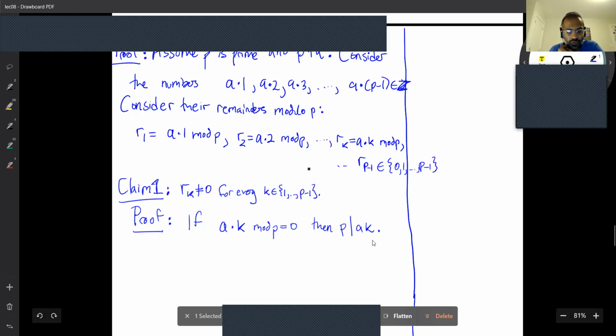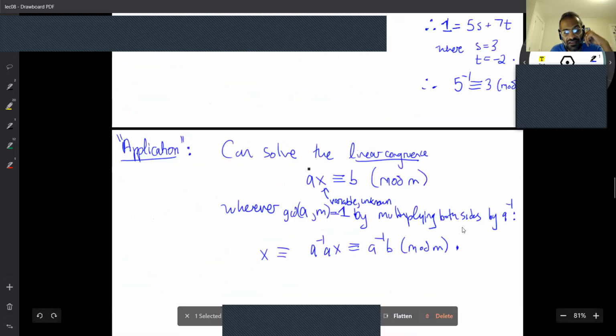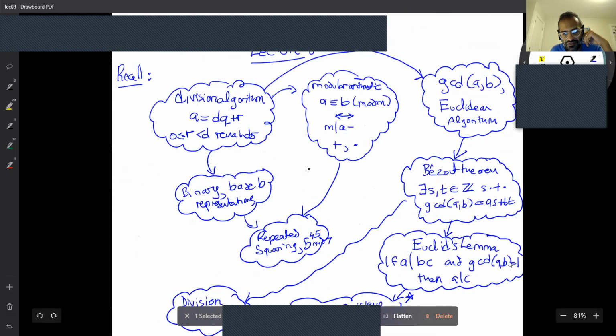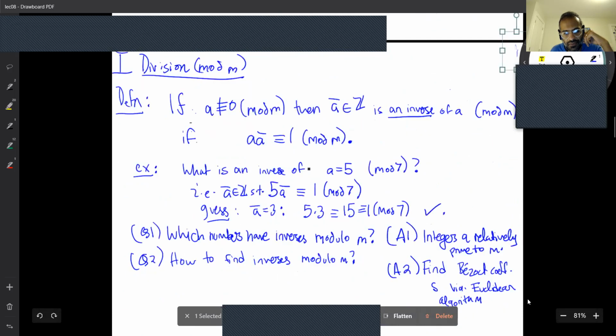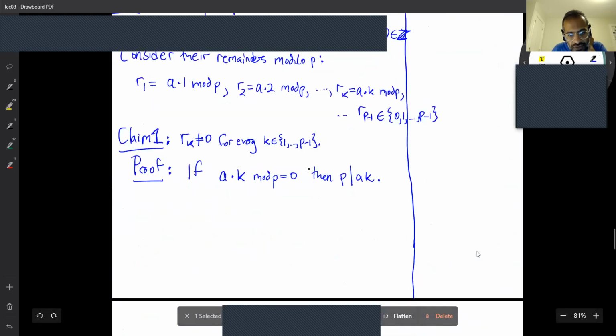So what tool can I apply now to this situation? Euclid's lemma. P divides AK, and P and A are relatively prime, so P must divide K. Let me write it here.